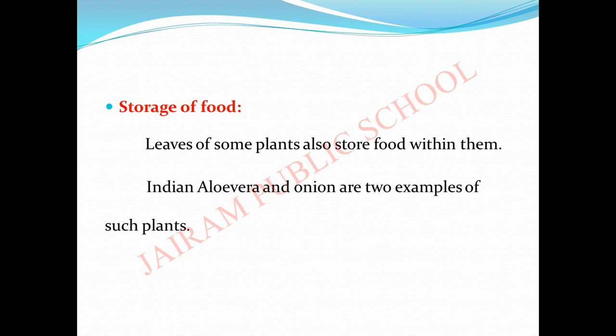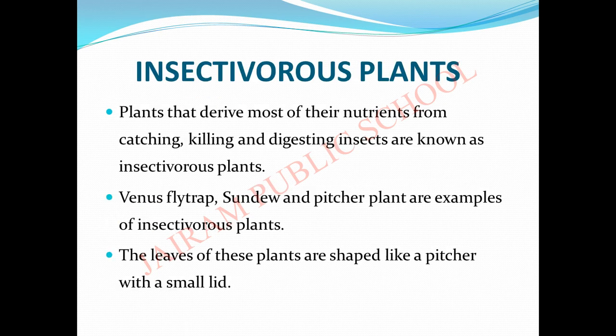Children, are you all repeating with me? Then insectivorous plants. See the spelling of insectivorous. I-N-S-E-C-T-I, insectivorous, V-O-R-O-U-S, insectivorous plants. Plants that derive most of their nutrients from catching, killing and digesting insects are known as insectivorous plants.